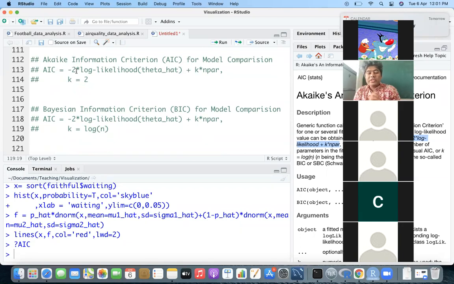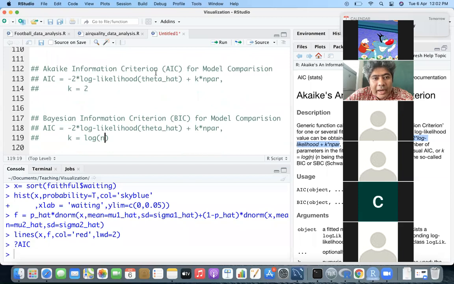So what is the motivation for this? The idea is basically you compute the negative log likelihood evaluated at theta hat, and then you penalize for the number of parameters that you are using.